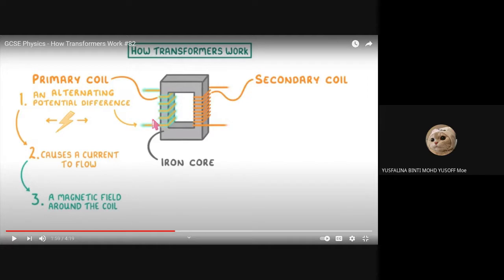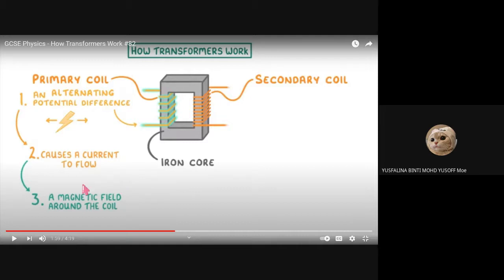The current flows to the primary coil and you produce the magnetic field around the coil. Because of the alternating potential difference, it will also produce an alternating magnetic field, which is the same as the varying magnetic field.